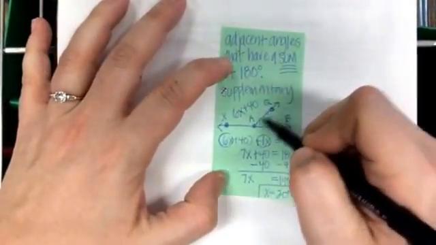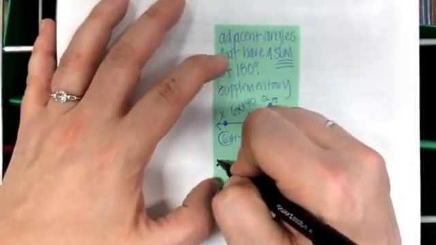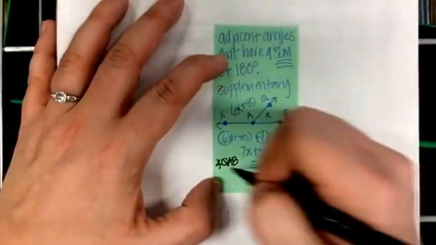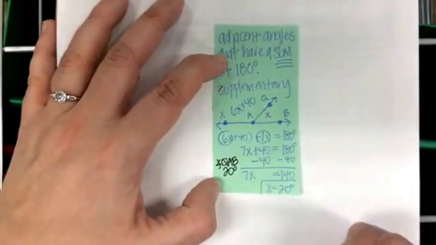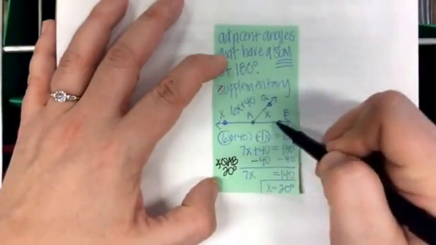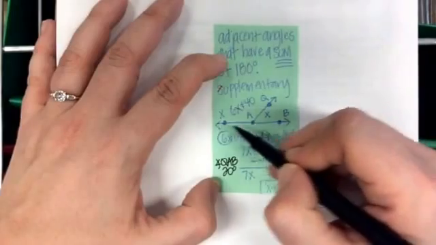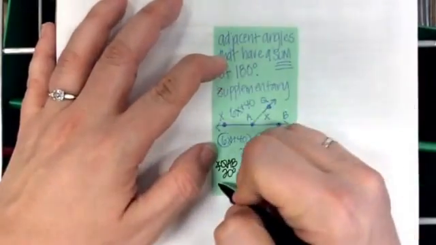What does QAB measure? 20 degrees. How do you know? Because it's x, right? But what about XAQ?